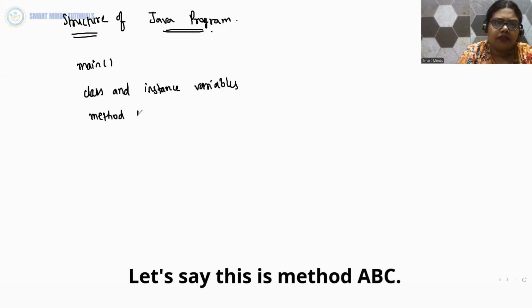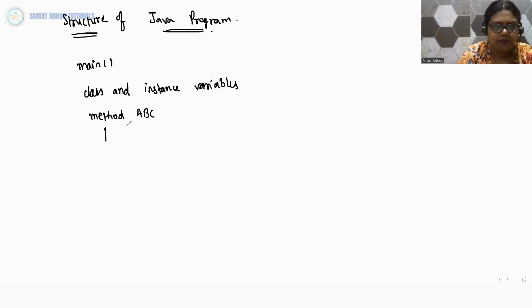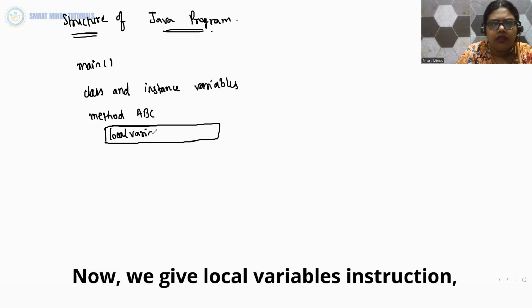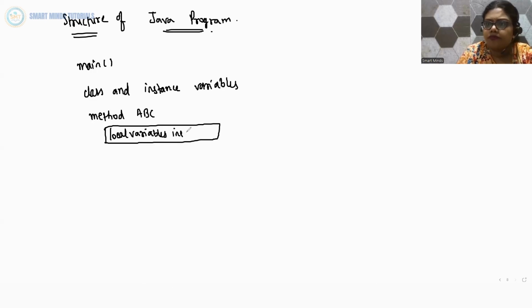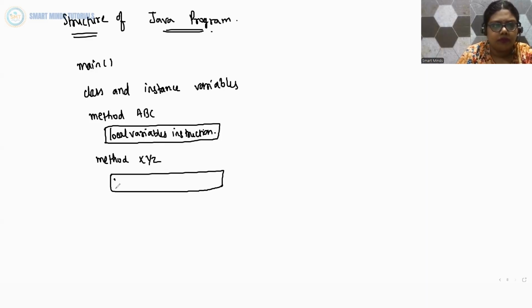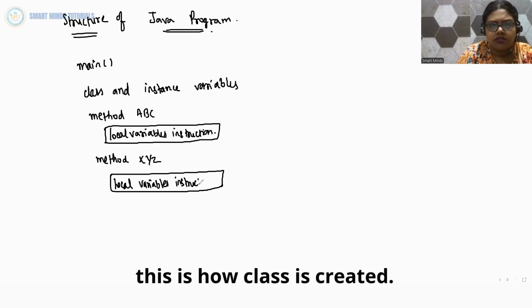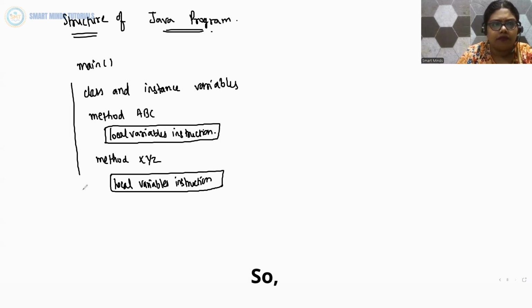Let's say this is method ABC. Now we give local variables and instructions. Then method XYZ, local variables, instructions. So this is how a class is created.